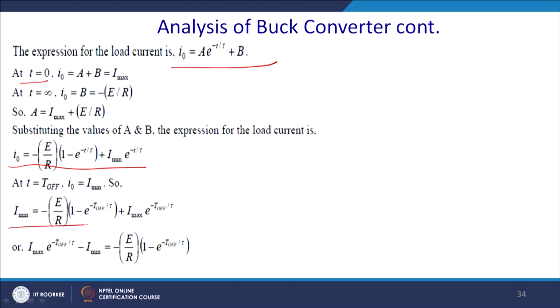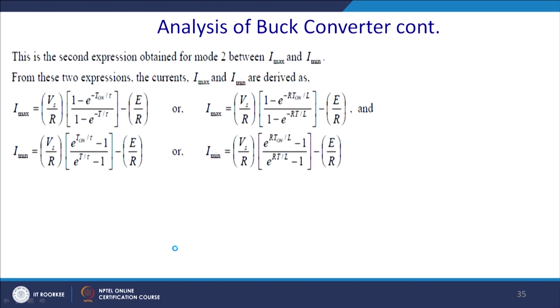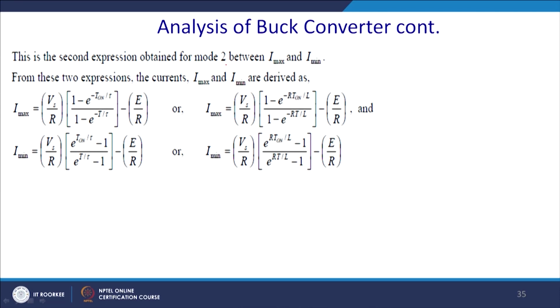So, once you write these equations you get I max e to the power T off by tau minus I min equal to minus E by R, 1 minus e to the power T off by tau. So, you just equate, since I max and I min are the boundary conditions, they are the same. So, this second expression is obtained for mode 2 between I max and I min.